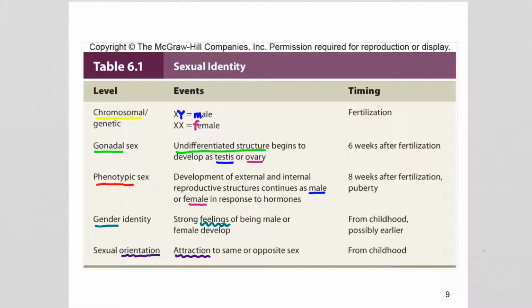So there's a lot going on in terms of the biological components of sexual identity, the emotional components, and sociological components that contribute to sexual identity. So with a lot of things, it's not just due to our genes.